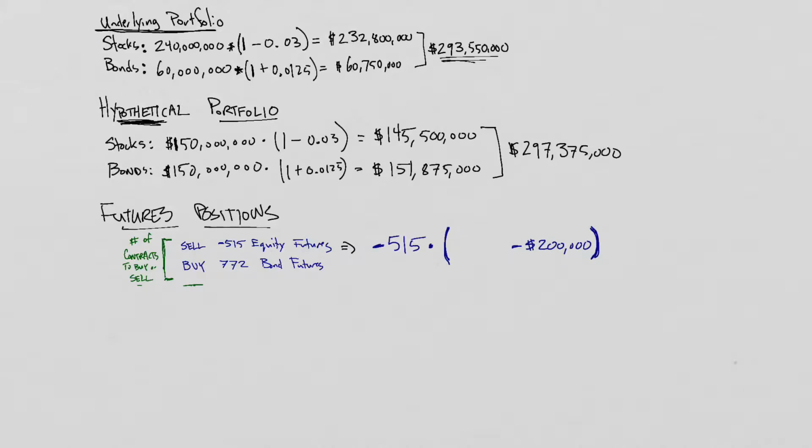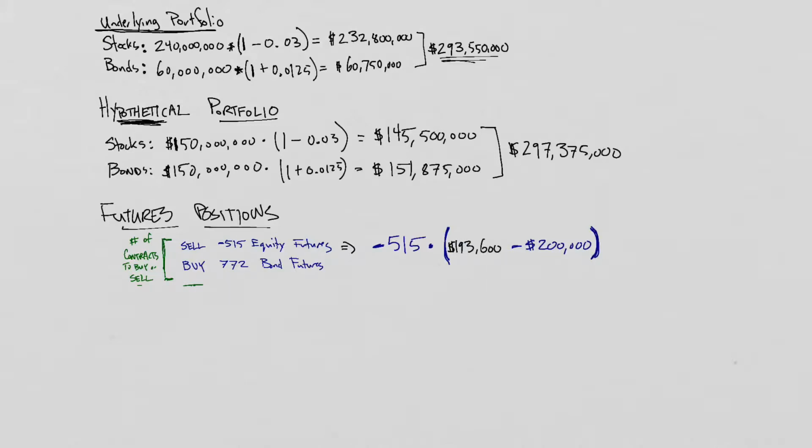then if the equity market subsequently dropped by 3%, and so our futures position dropped by 3%, that means the $200,000 dropped to $193,600.